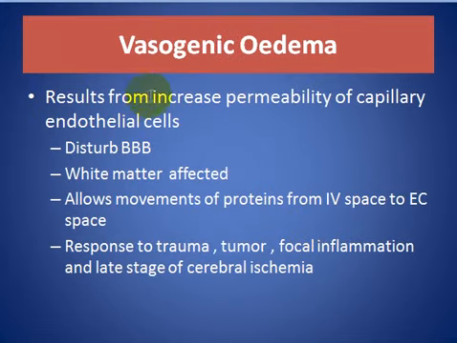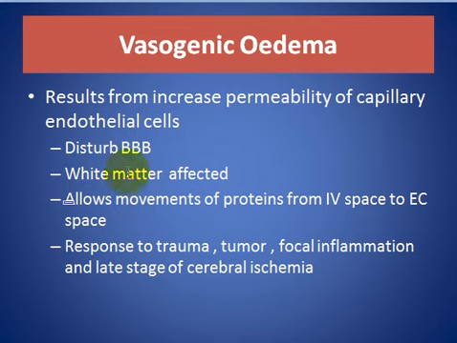Vasogenic edema results from increased permeability of the capillary endothelial cell. Here we see there is disturbance of the blood-brain barrier due to injury, and this will lead to leakage of fluid and protein from the intravascular to the extracellular space.